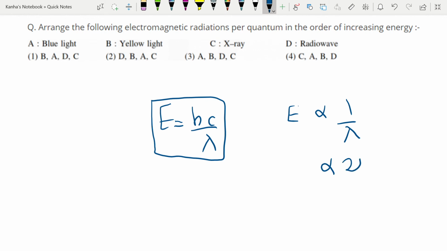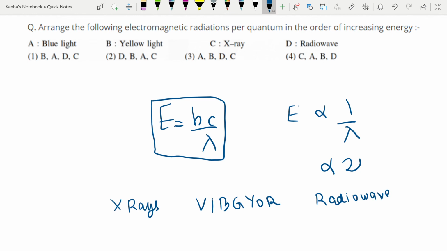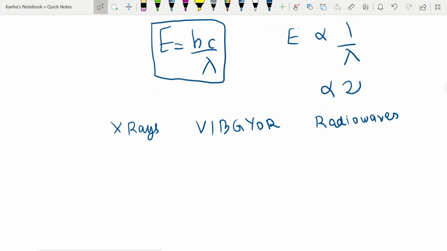Now here, as you had seen in the spectrum before, X-rays come, then the VIBGYOR or the visible spectrum, and then the radio waves come here. This is the direction in which the frequency is increasing, and this is the direction in which the wavelengths are increasing.